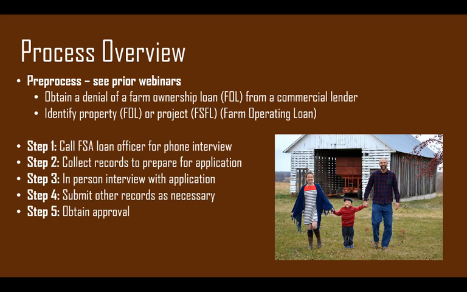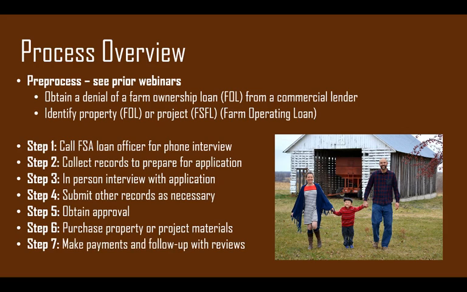And then step 5 is to obtain approval. Step 6, purchase the property or the project materials. And then step 7, very important, make your payments and follow up with reviews. And FSA does require an annual visit and some different accountability tools to make sure that you're doing what you said you were going to do.